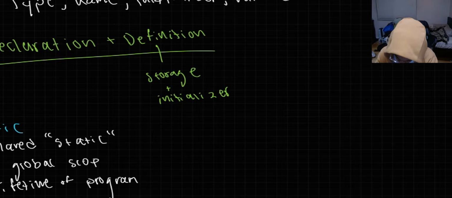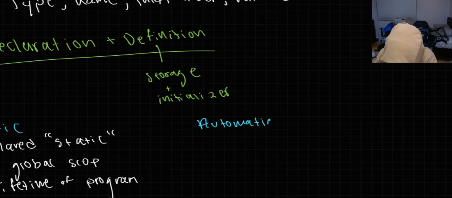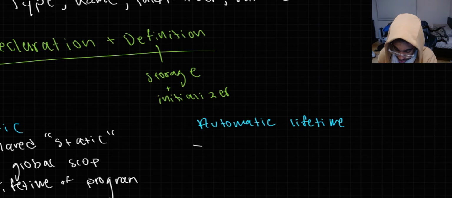And then we have automatic lifetime duration. And this pretty much means that the object was created inside of a function body. So inside of a for loop, inside of main, inside of an if statement, anything like that.